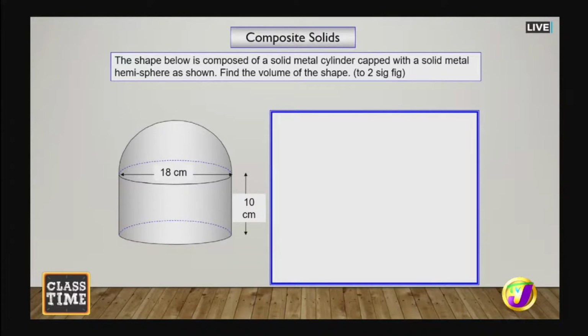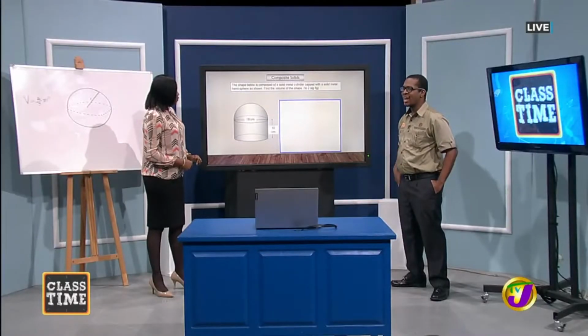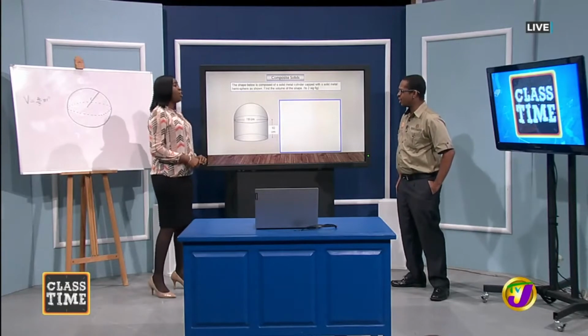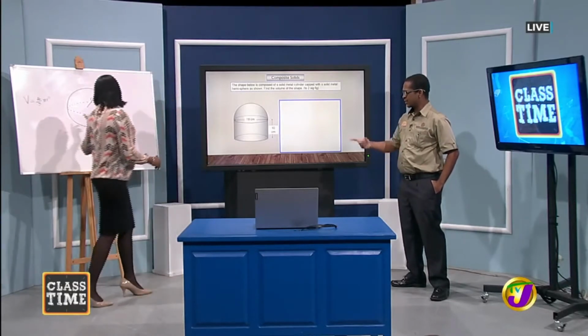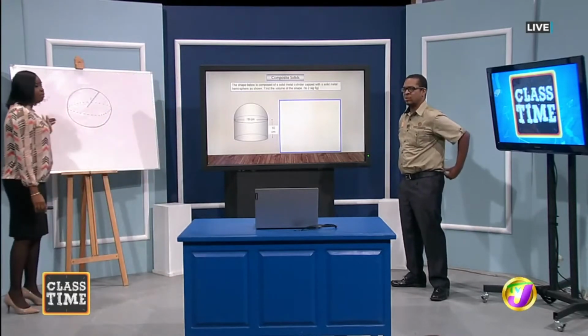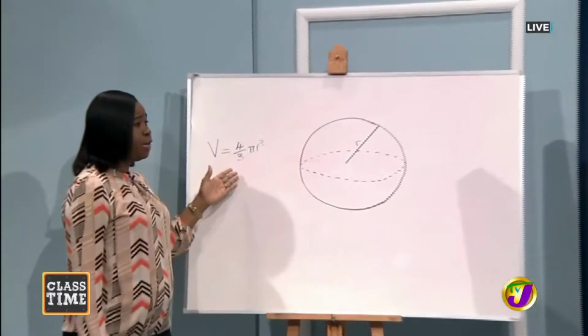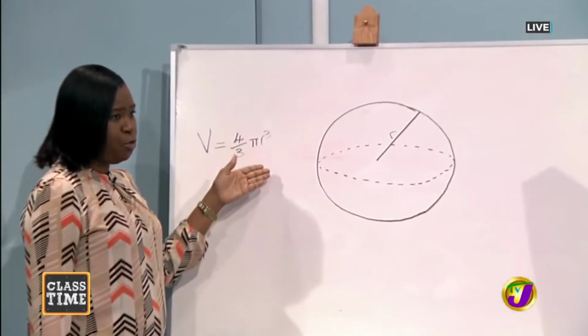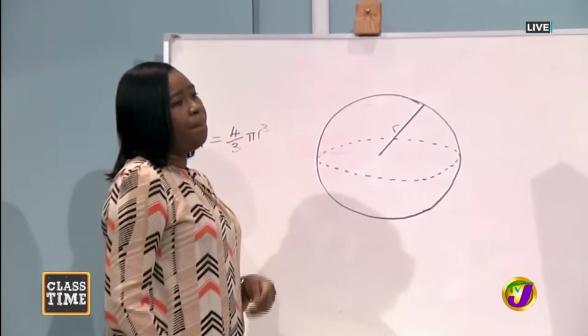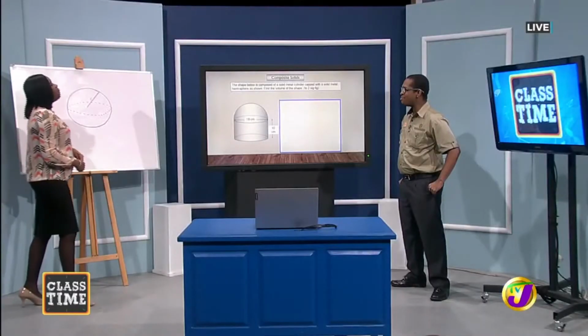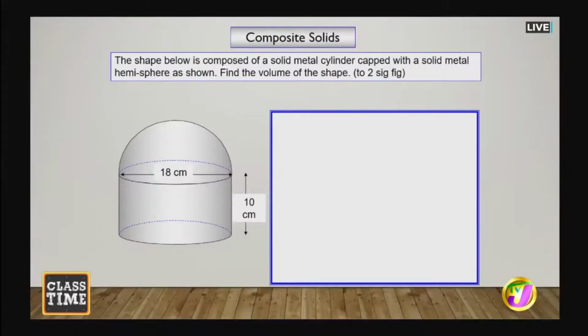Okay, Nikisha. We know the volume of a sphere, which is 4/3 pi r cubed. But in this case, we don't have a sphere, we have a hemisphere. So how will that affect our formula?